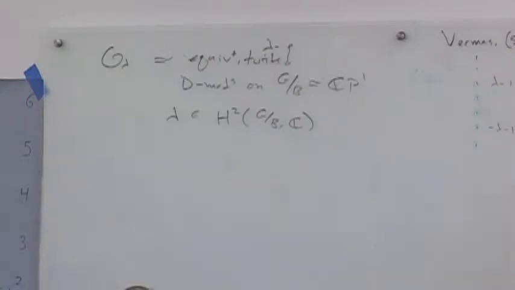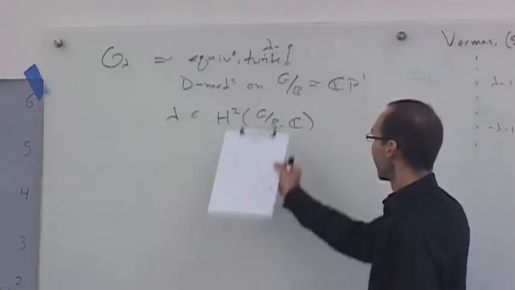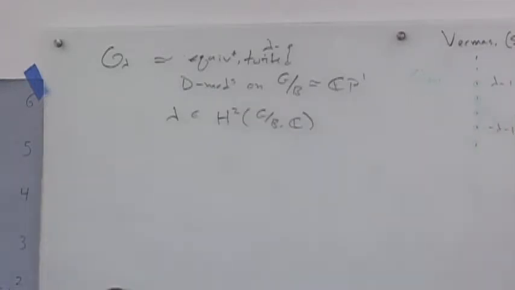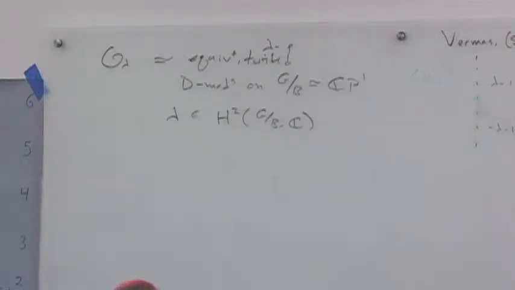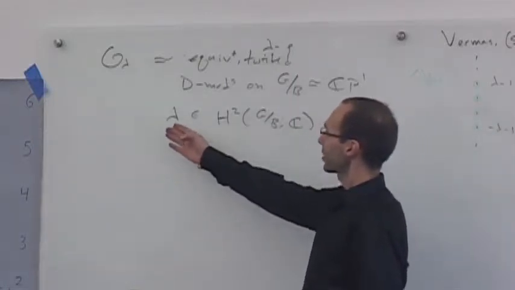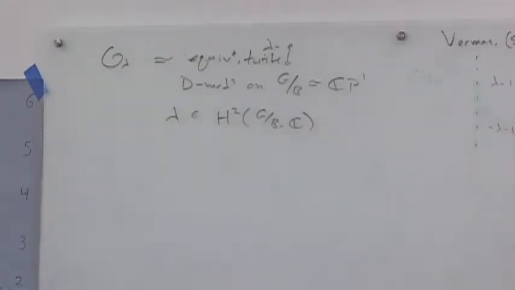So intuitively, D is some sheaf of differential operators, and there may be curvature when taking commutation relations of those differential operators. There may be curvature in that sheaf, and then that curvature is parameterized by lambda.